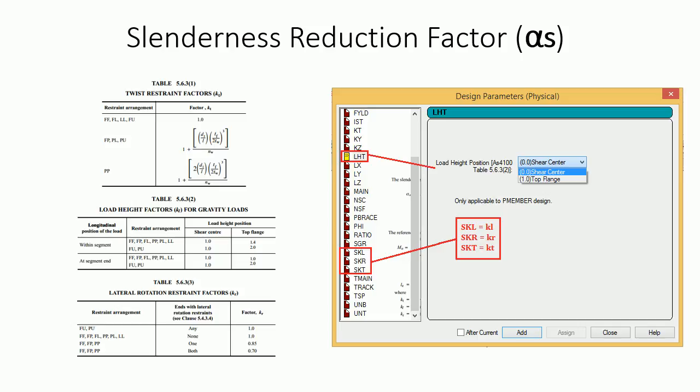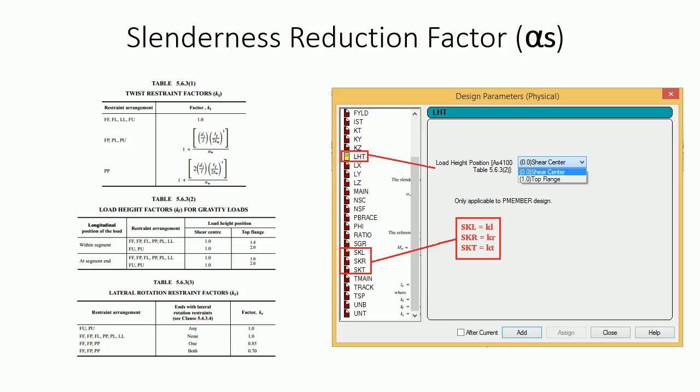If you take a look, all of these factors depend very importantly on the restraint arrangement or the boundary condition of that segment, along with a few other parameters like the position of the load, then the geometrical attributes of the elements, etc. Now this restraint arrangement, as I have discussed before, can be defined or imposed easily in Staad.pro by the P-brace member if you have opted for the physical member design. We will understand more with some working examples very shortly.